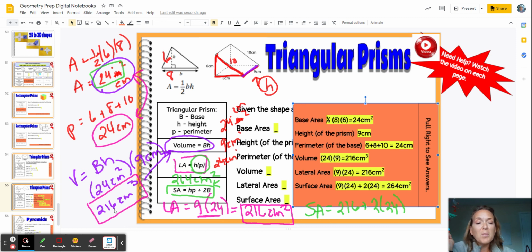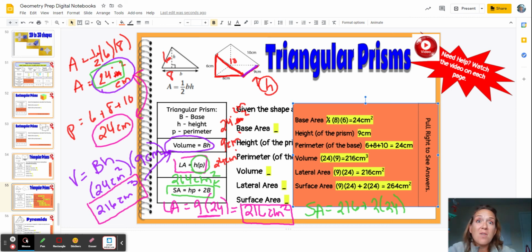Volume over here in the purple is 216 centimeters, you guessed it, cubed. And then lateral area was 216 centimeters squared. So there's a big difference here between cubic things that go inside and square things that go around the edges. And then surface area was the lateral area plus the area of 2 bases, which is going to give us 264. I'm so proud of you.